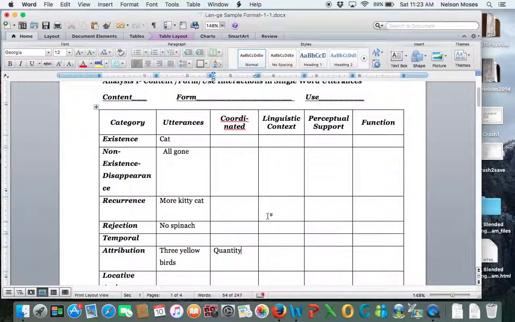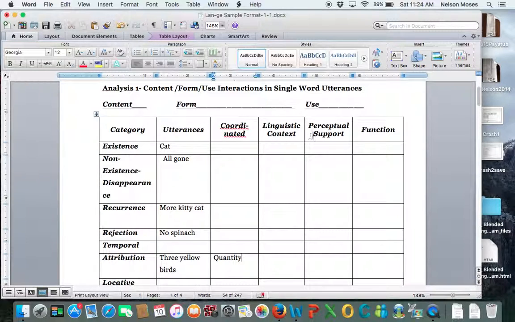There are 3 more columns here: linguistic, perceptual support, and function. These refer to pragmatics. Linguistic context refers to whether the utterance the child says relates to a previous utterance that either the child said or an adult said. Perceptual support refers to whether or not the object that the kid is talking about is actually physically present.